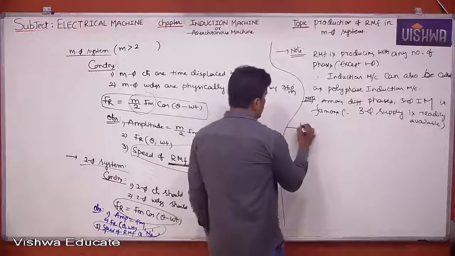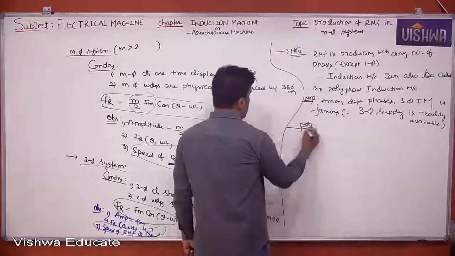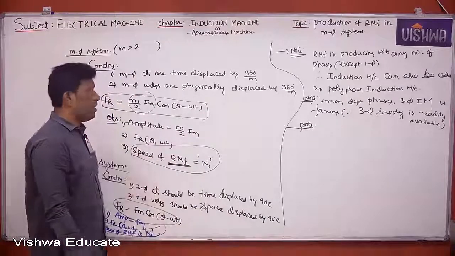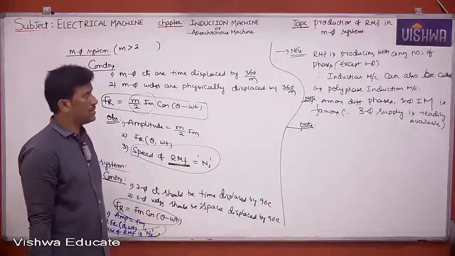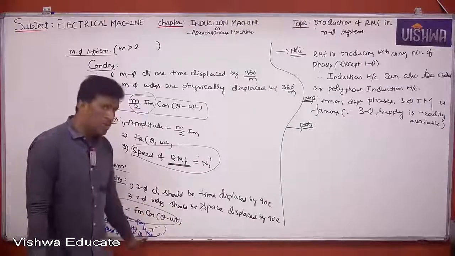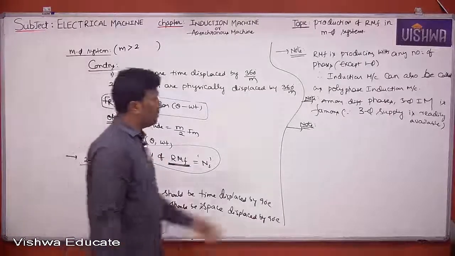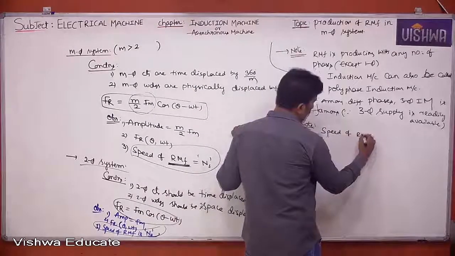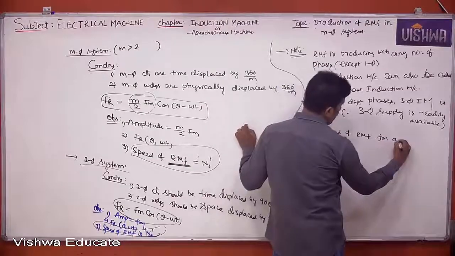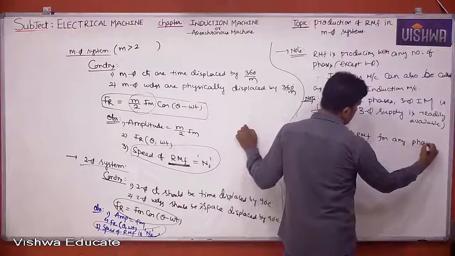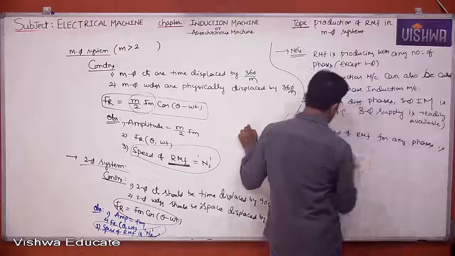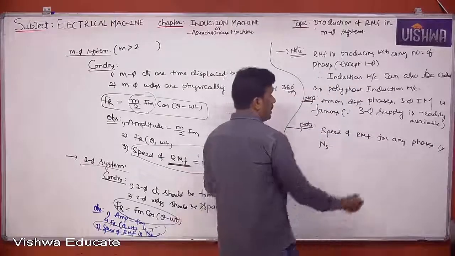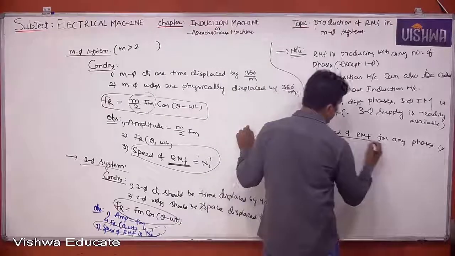And one more note, as I already told you, RMF is possible at any number of phases, and the speed of RMF for any number of phases is always ns. The only difference is the change in amplitude. So let me give that point also. Speed of rotating magnetic field for any number of phases is ns.